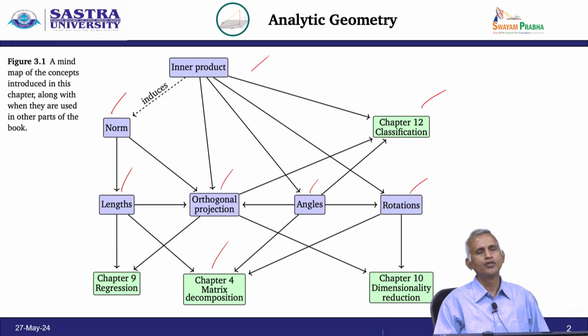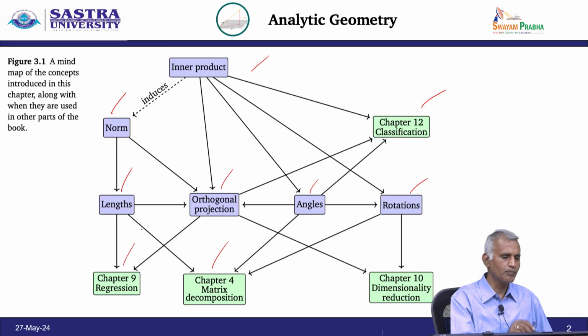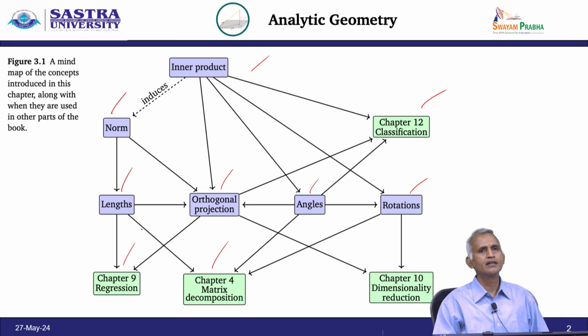Once you know orthogonal projection, we have to apply linear regression. After completion of all these things, we have to discuss dimensionality reduction. So, these are all the ideas we are going to discuss.